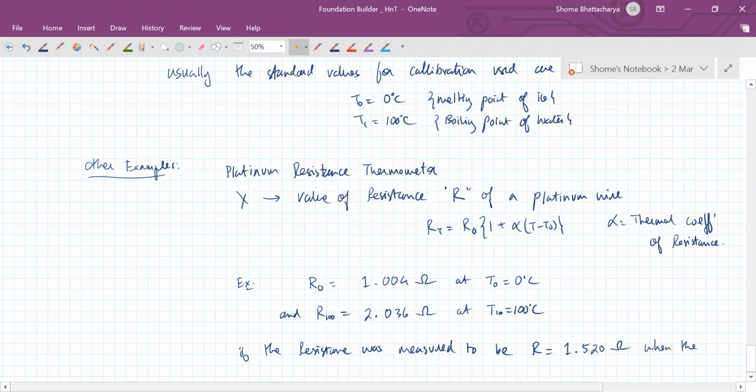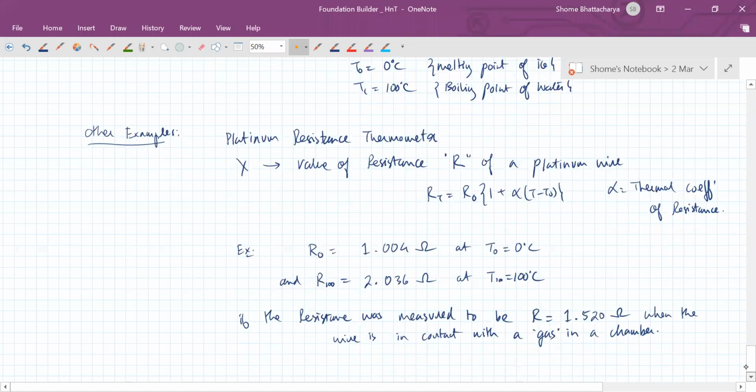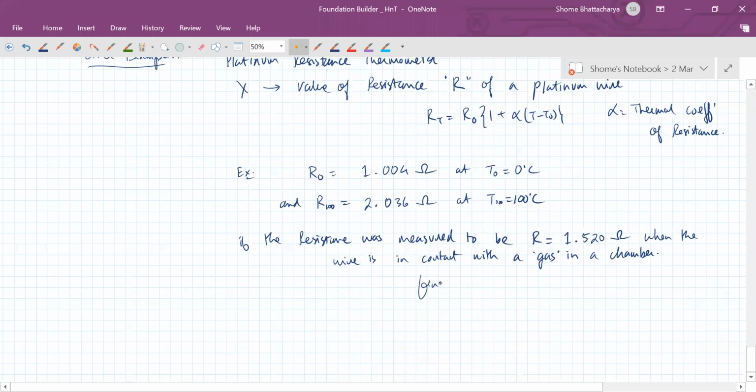when the wire is in contact with a gas in a chamber. So find the temperature of the gas.